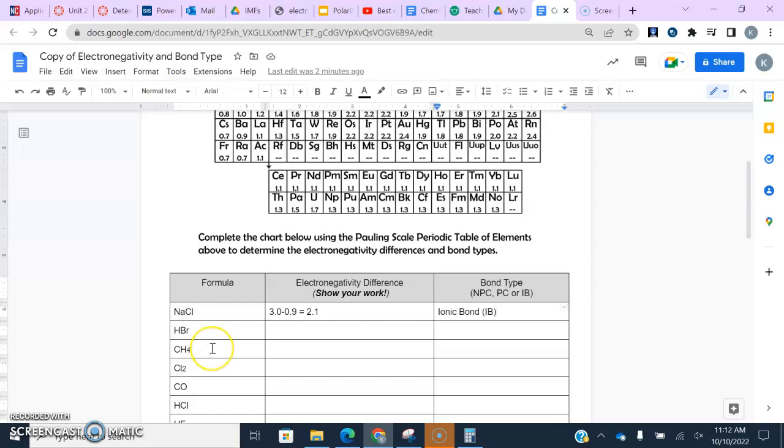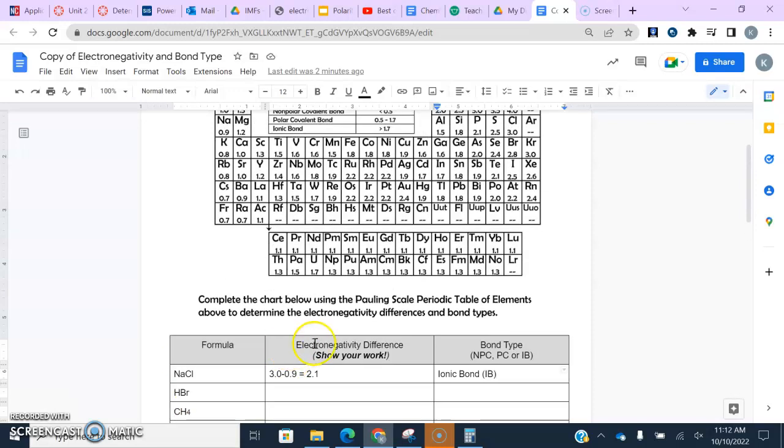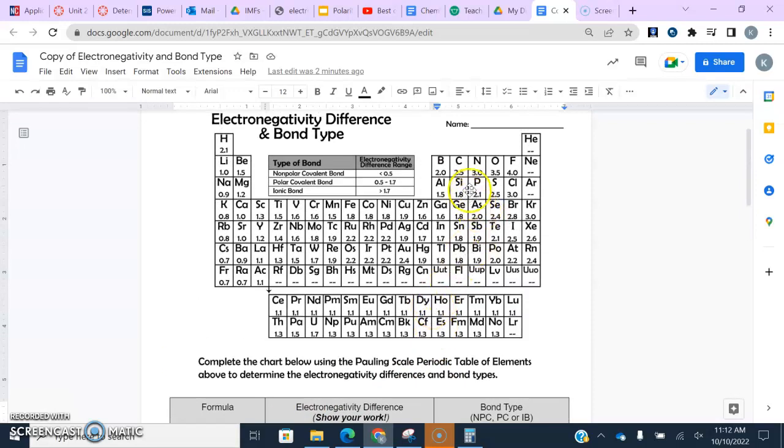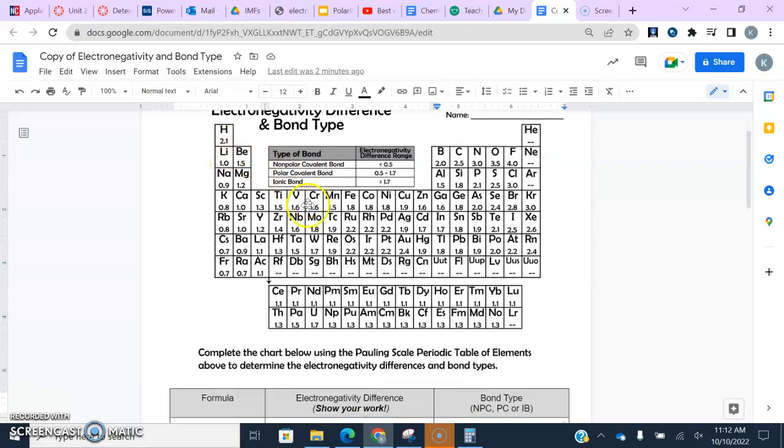You just have to take the electronegativity of 1 hydrogen. So don't worry about there being 4 there, just treat it like you normally would. So carbon is 2.5 and hydrogen is 2.1. Because there's 4 hydrogens, you don't have to multiply this by 4. You just leave it as it is.